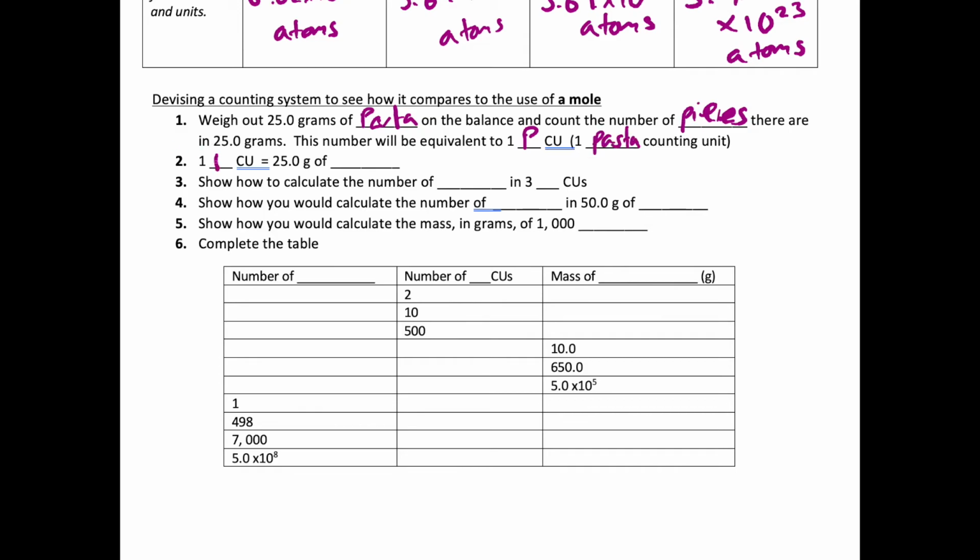And so what I found was that in 1 pasta counting unit, there was 25 grams of pasta, and that was equal to 22 pieces of pasta. So in this table, I'm going to be looking at the number of pieces, what my pasta counting units are, and then what my mass of that pasta would be.